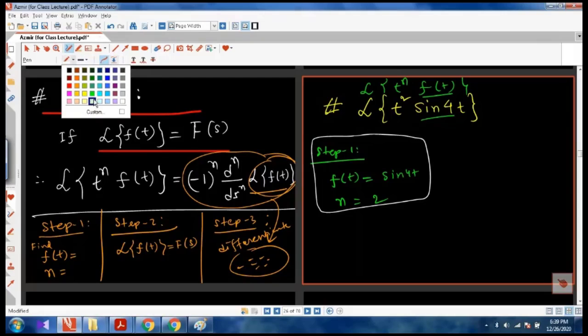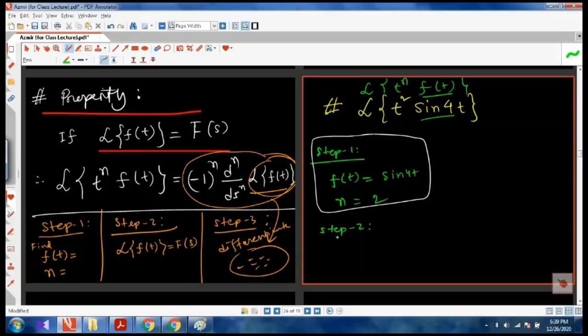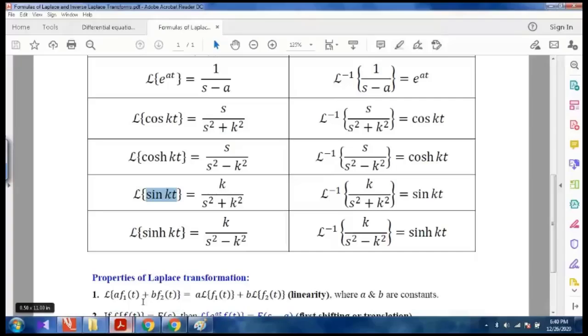Step 2 is to solve the Laplace transformation of f of t, that is sine 4t. What will be the result? We have the formula k over s squared plus k squared.